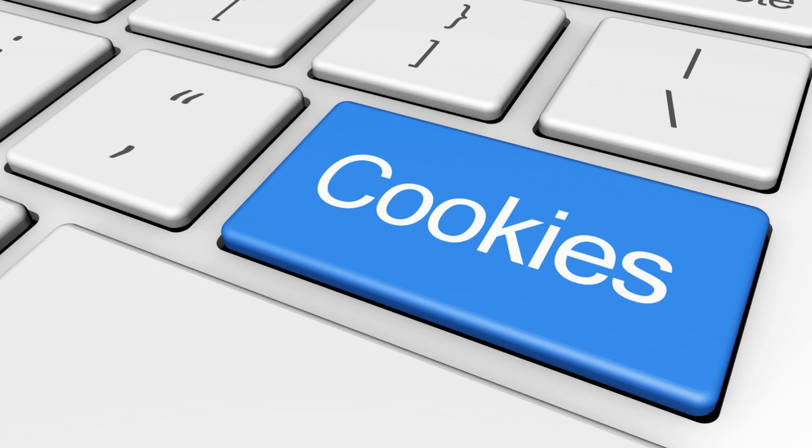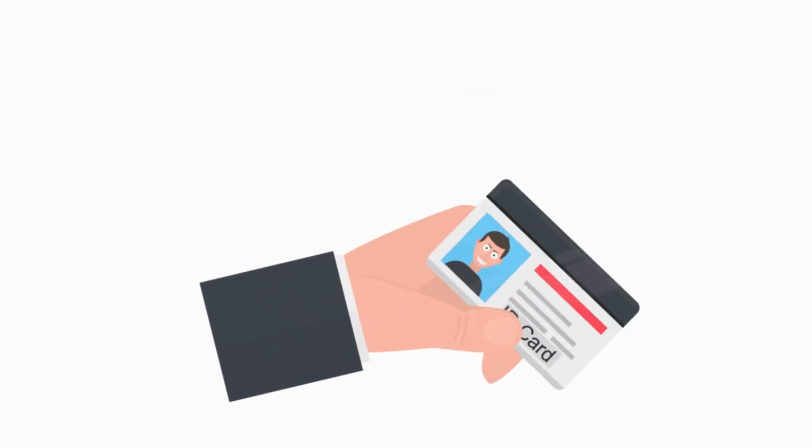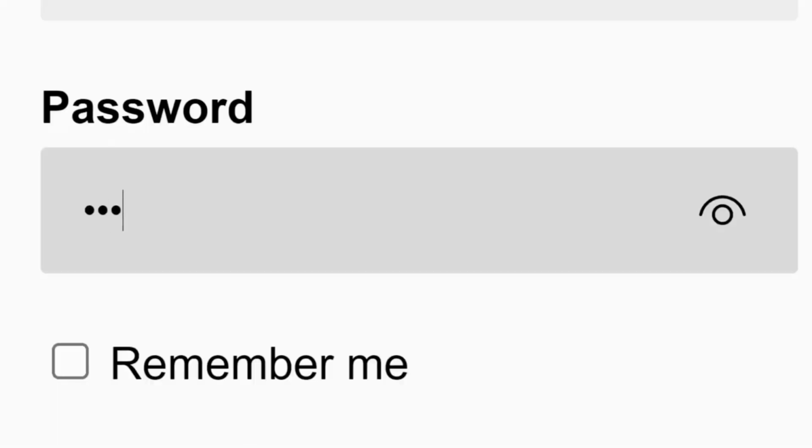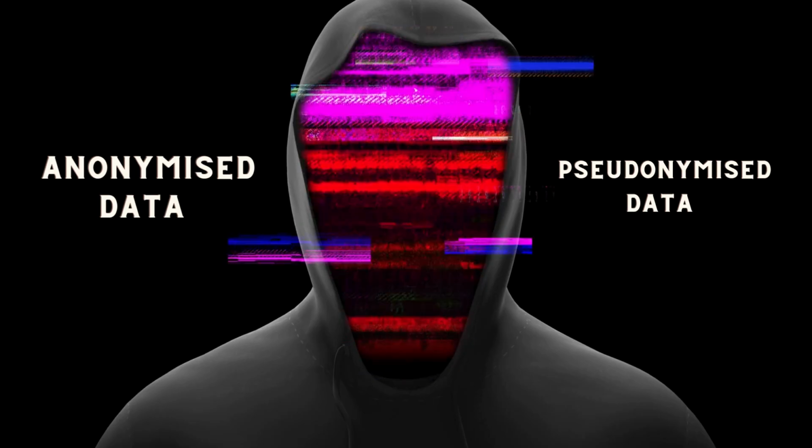All cookies have a cookie ID, that is an identifier inbuilt in them when they are set on a user's browser. So every cookie will have a unique ID, and this unique ID will allow the website to remember the individual user and their preferences when they visit the website again. This is of immense convenience for the users, but it is considered personal data.